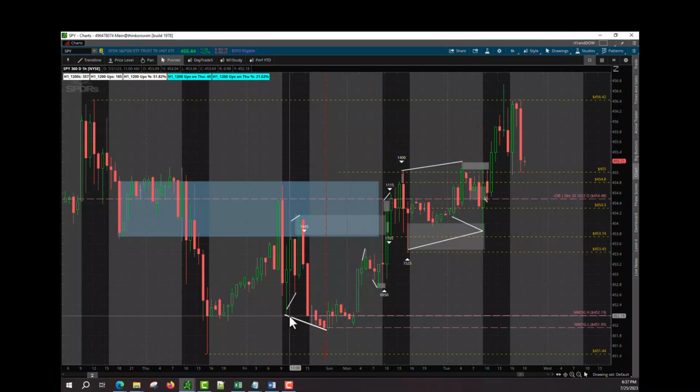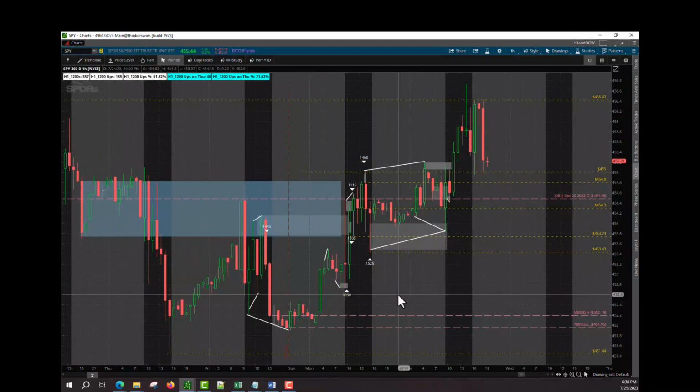First, it takes down the sell-side liquidity from Friday, which is the low of Friday, and in the London session there is a huge leg up right there, and then it pulled back into the London session midpoint right here. We can do the fib right there.